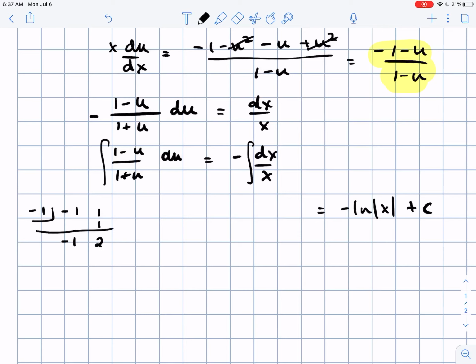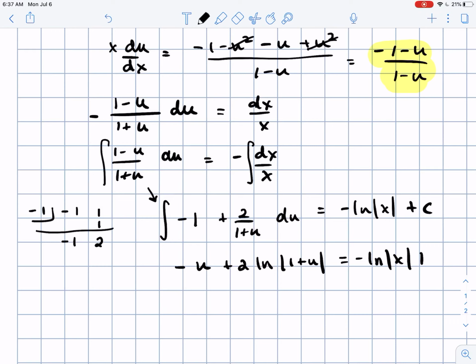So we wind up getting this to look like -1 plus 2 over 1 plus u du, and then that makes our life a lot easier. Where here I'm just going to get the -u plus 2 ln of 1 plus u, and then equals -ln x plus c, just like that.